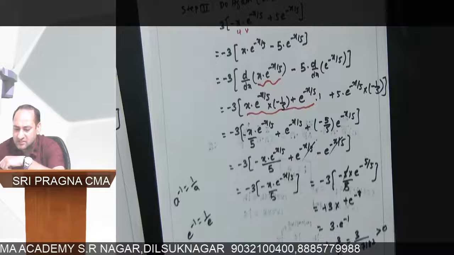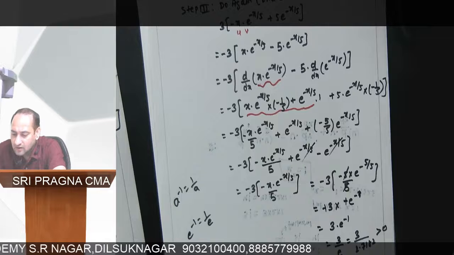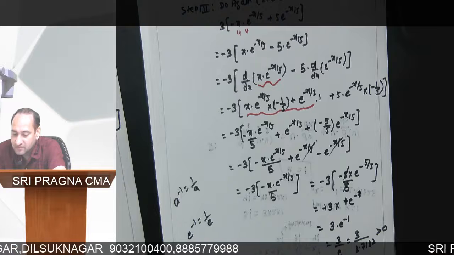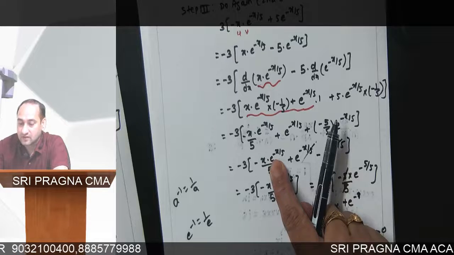Oh, I have done some mistake. Minus should be minus. Where minus 5? I have done a mistake here. This one? Yeah.